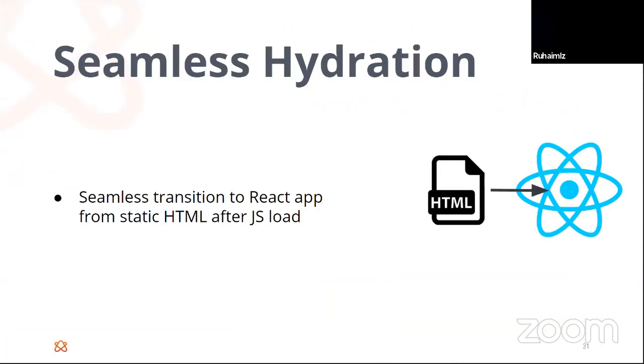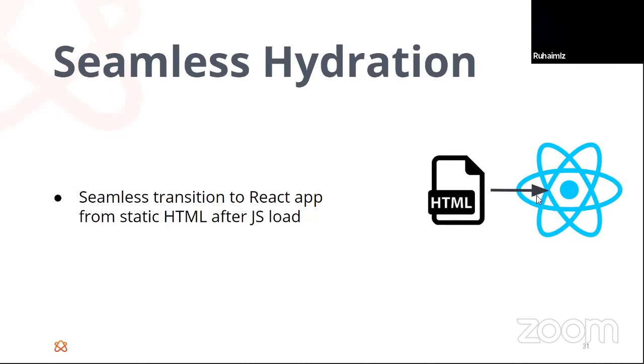And then you have seamless hydration. What I mean by hydration is, you saw Harsha, right? When he switched off JavaScript on the browser, you still saw a web page that got loaded. But if you had JavaScript on, you would also have the React application that loads afterwards.